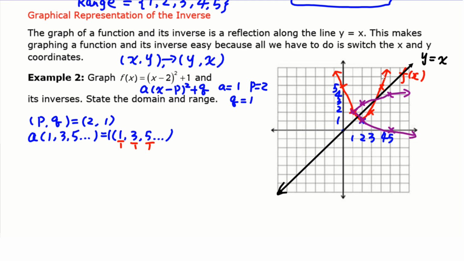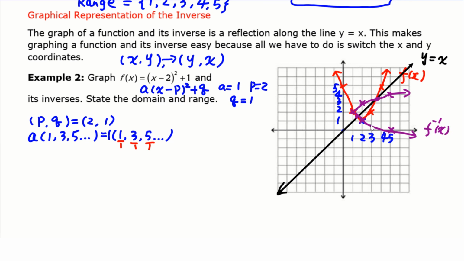So you will see this is a symmetric of this part, and this is a symmetric of this part. And the points that are on this y equals x line are not going to change. So this is the inverse function of f at x.